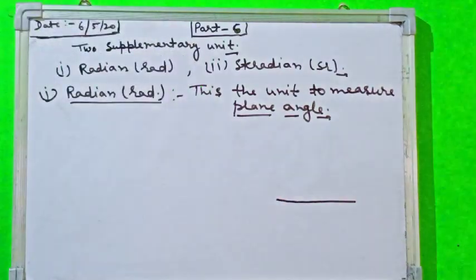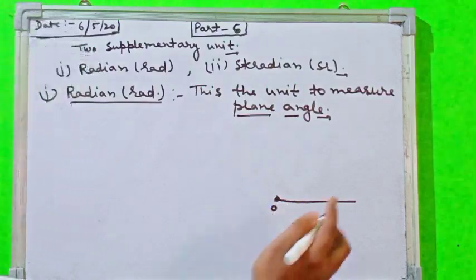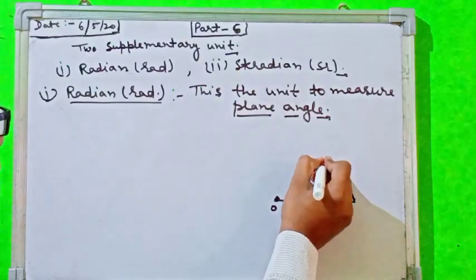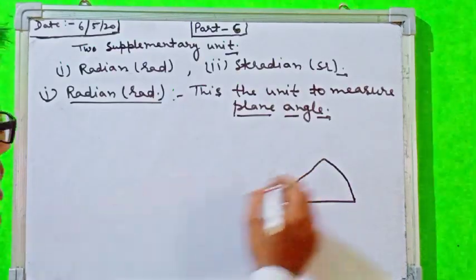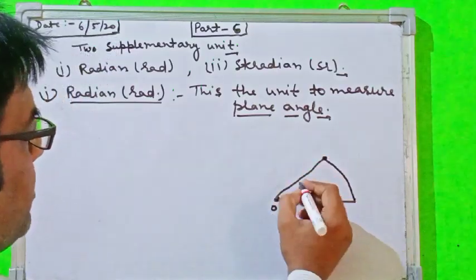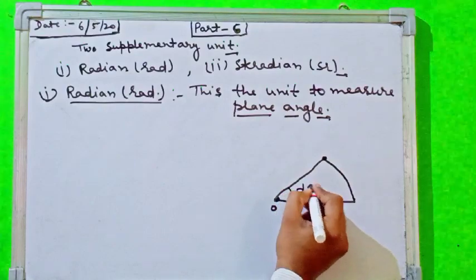Simply by making a line. Suppose this is the initial point of the line. Now revolving the line along this initial point, and this final point is joined with the initial point, it will give an angle equal to d theta.